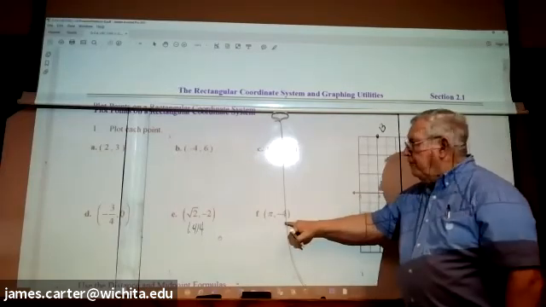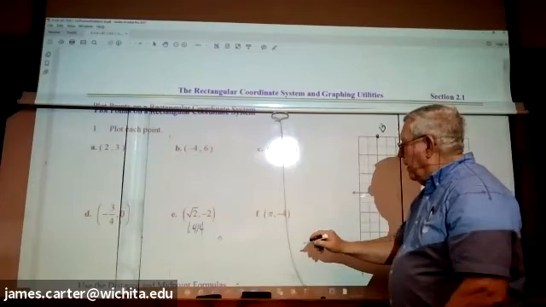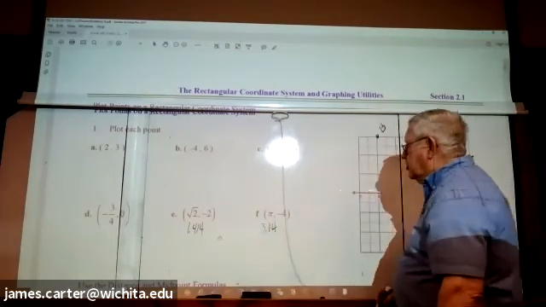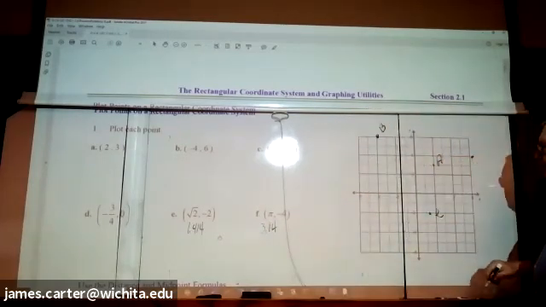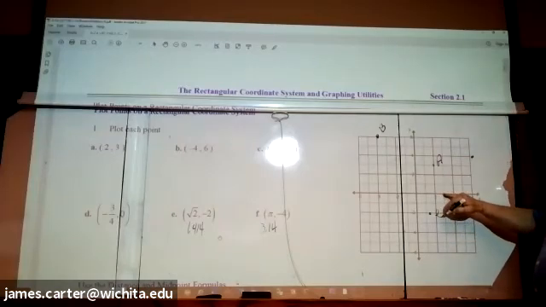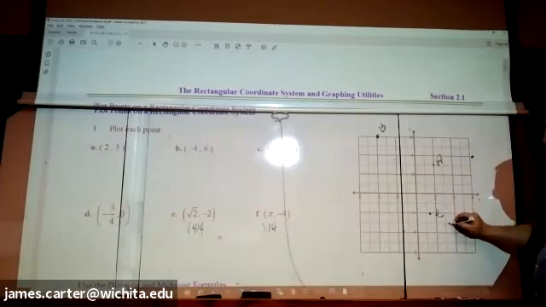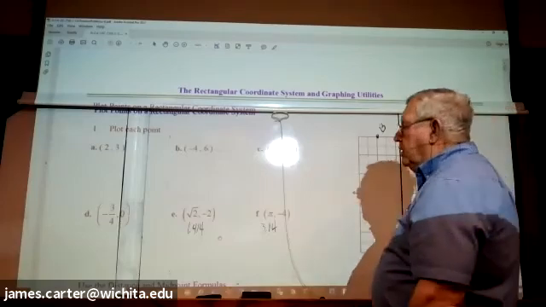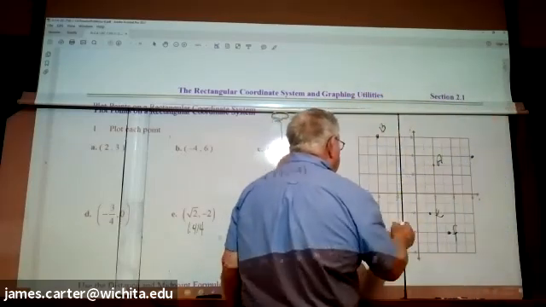What about F? Well, pi, 3.14, or just a little bit more than 3. So here's 3, just a little bit more than 3, and down 4. 1, 2, 3, 4. That would be point F. Point D, -3/4.